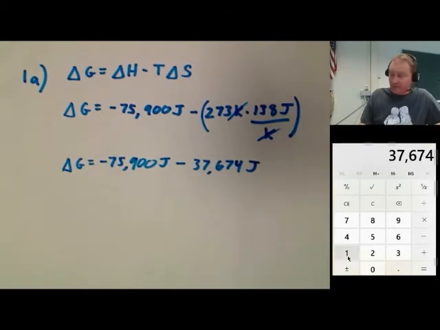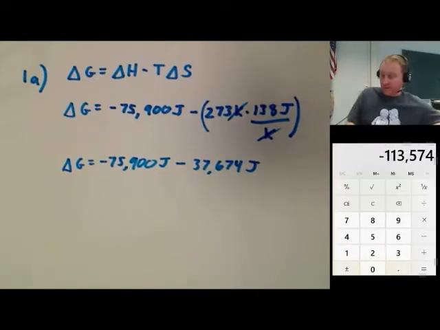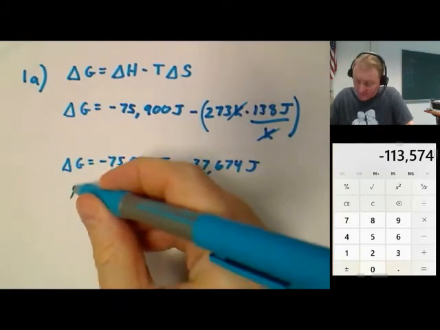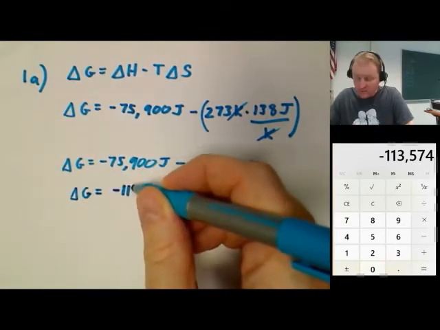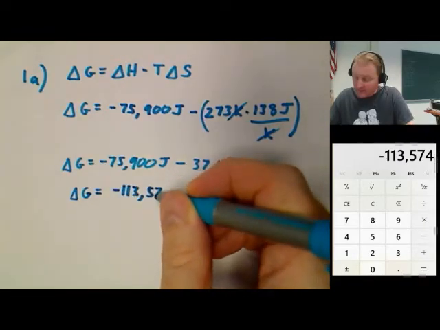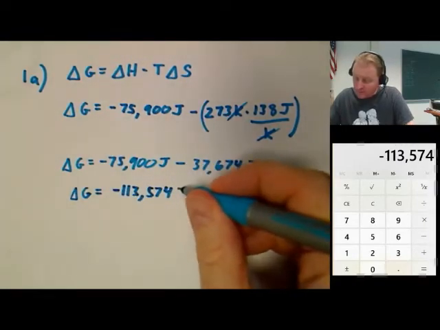I have 75,900, and remember that's a negative value, and we're going to subtract 37,674, and so I have a delta G equals negative 113,574 joules.